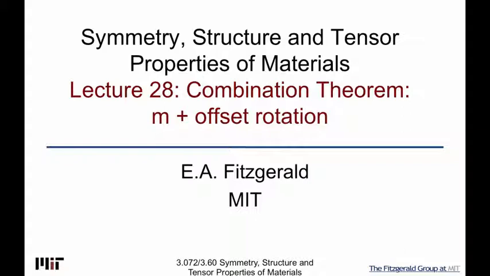And this is actually going to be very similar to that, except that it's going to focus on looking at a rotation combined with an offset mirror plane and seeing what kind of perpendicular planes we have from that interaction. And it'll be quite useful for the final set of space groups that we need to put together.